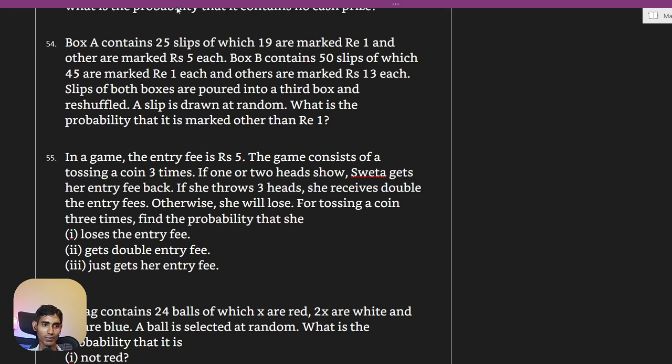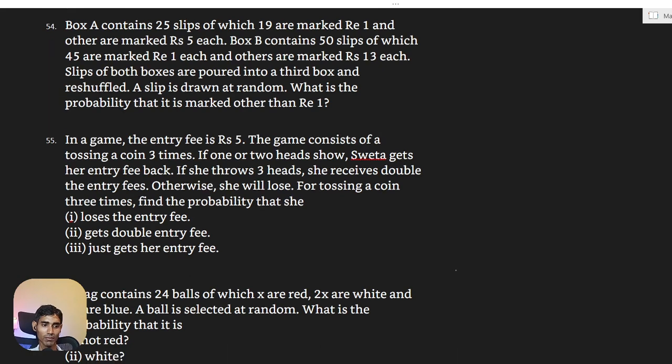The first one is 20 by 24. Okay, explain how is that? So the x are red, 2x are white, and 3x are blue. So x plus 2x plus 3x is equal to 24. So 6x is equal to 24 and x is equal to 4.